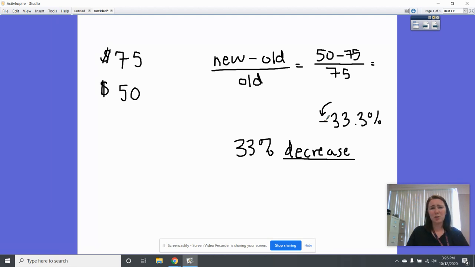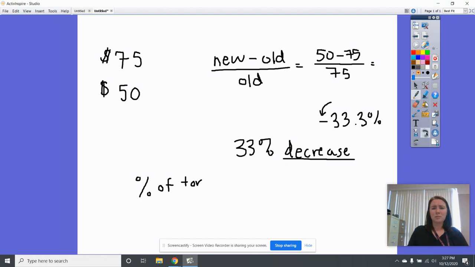Remember, I told you I was going to tell you two ways. That was one way. The second way is by using our percent formula that we use all the time for taxes, for commissions, for markups, for sales, everything like that. The percent of a total or original is the part or the new.